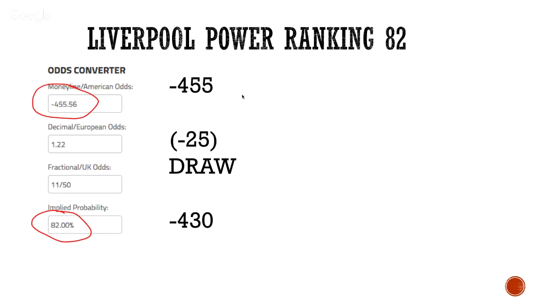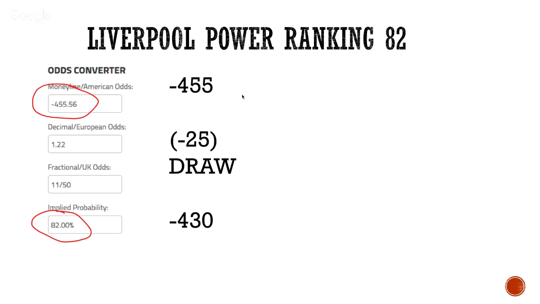So that percentage that we have, the 82%, is just factoring in win percentage. So we have to take out the draw. So we take minus 455, subtract 25 from that, and our final money line for Liverpool is minus 430.